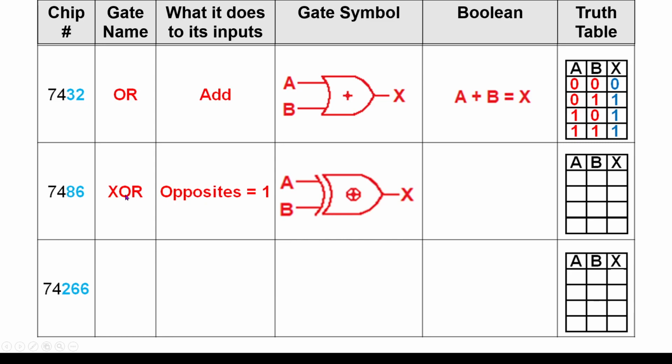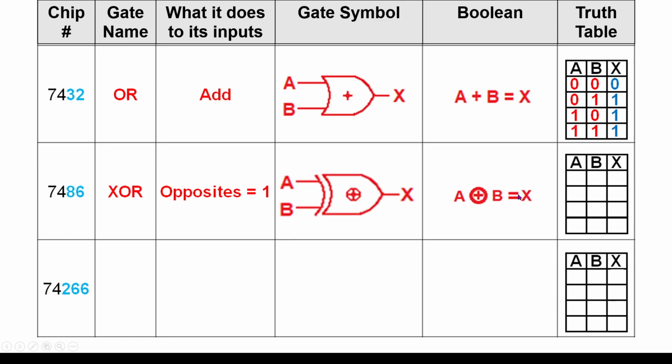An XOR gate has a little extra echo of the input curve, and the plus has a circle around it. The Boolean equation is this: A XOR B equals X. Now what that means is whenever A is the opposite of B, then the output is going to be a 1.